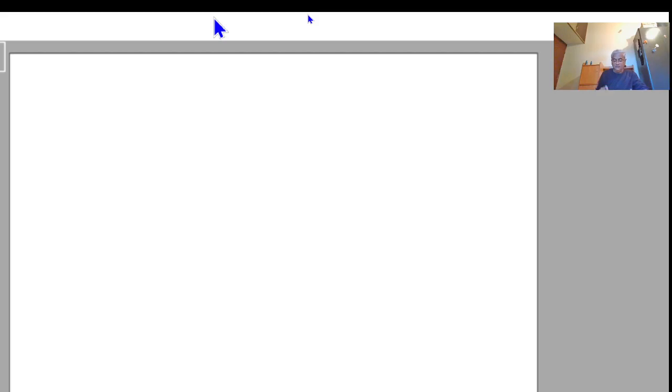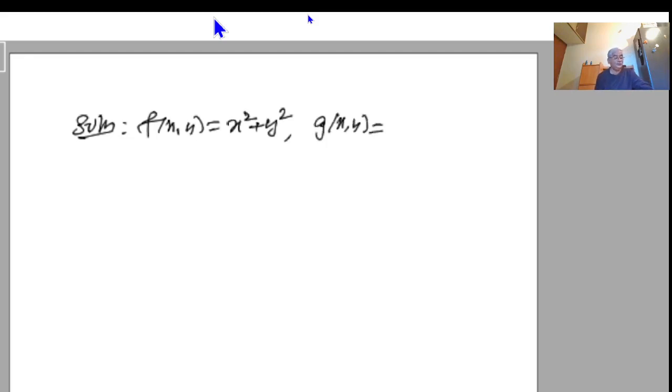So here f of x comma y is equal to x square plus y square and g of x comma y is equal to 2x square plus 3xy plus 2y square minus 1.